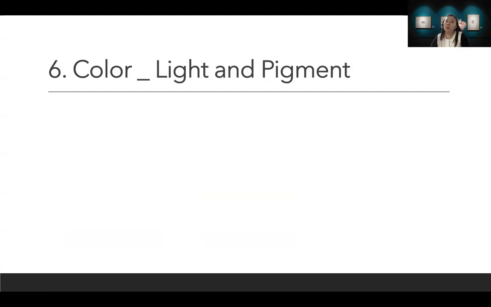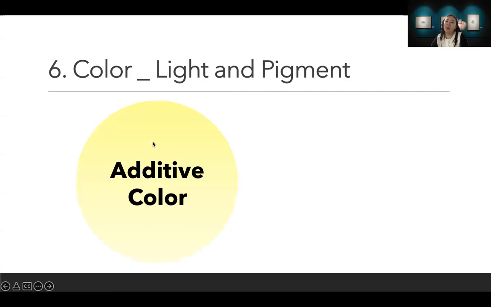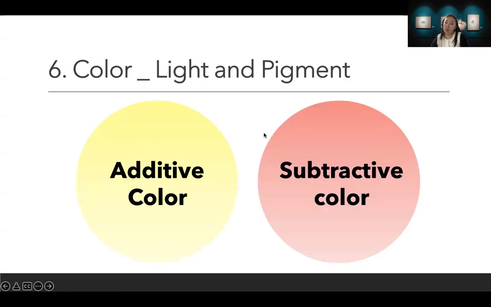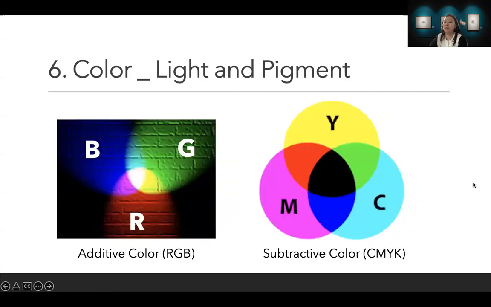And there are two ways to see colors, by light and by pigment: additive color and subtractive color. The additive color is called RGB color, which means red, green, and blue light colors.